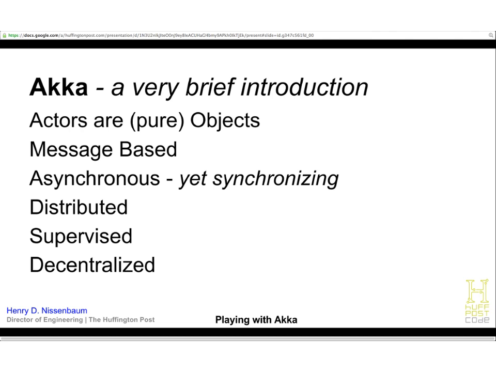So Akka allows us to create actors which are pure objects. And what I mean by that is they interact with the outside world via messages. They accept and process messages, and they emit messages to talk to other actors and other related systems. These are asynchronous in that each actor processes messages asynchronously and independently, and yet they serve to synchronize a whole system.